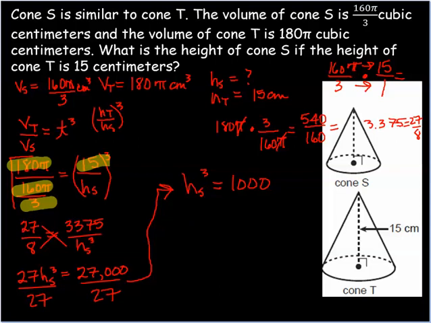Now I'm going to get the cube root of each side. So when I do that, I end up with HS, and the cube root of 1,000 is 10. So that means that the height of cone S equals 10.